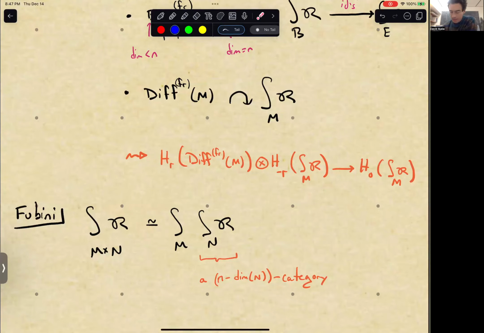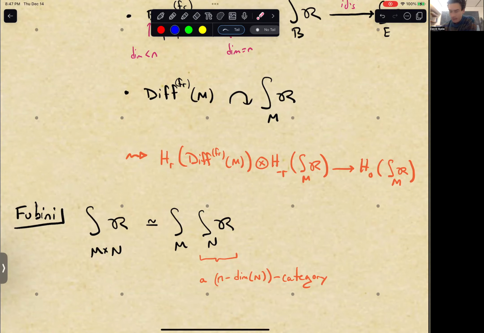There's a type of Fubini theorem for factorization homology, that the value on a product manifold can be figured out by first integrating over one of the factors, and that naturally is an n minus m dimensional category, which can then be input into factorization homology over this m-manifold.